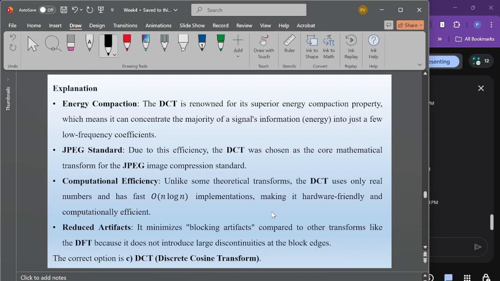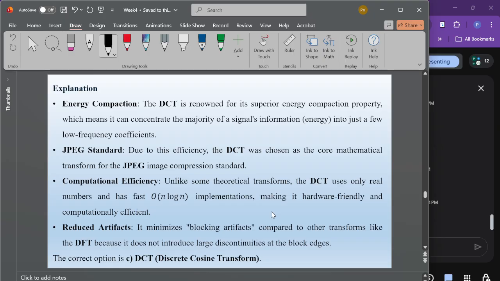The DCT is renowned for its superior energy compaction property, which means it concentrates the majority of the signal's information, that is energy, into just a few low frequency components. In the JPEG standard, due to this efficiency, the DCT was chosen as the core mathematical transform for JPEG compression. It is also computationally efficient.